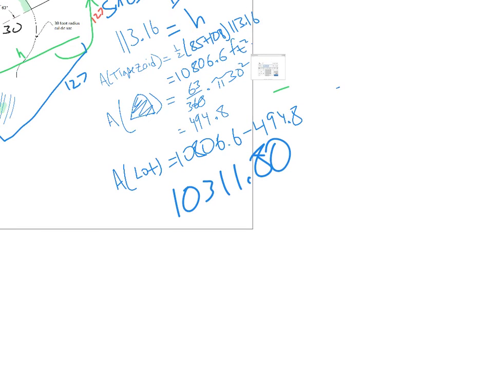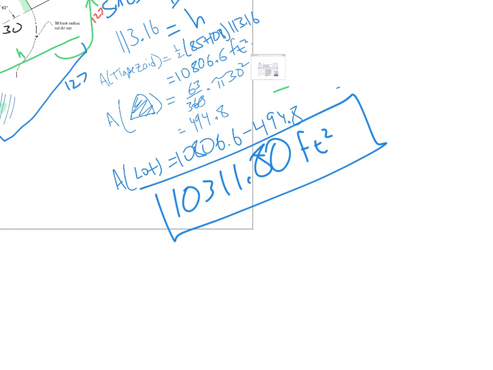So this is in square feet here. And if we look in the back of the book, we have 43,560 square feet per acre. Okay.